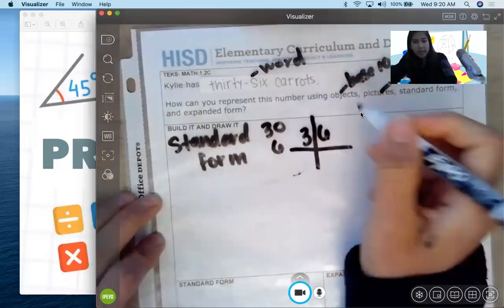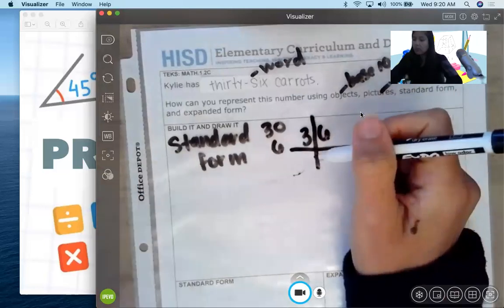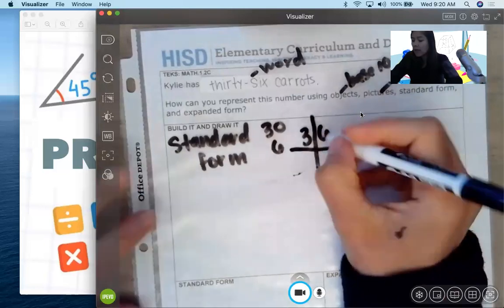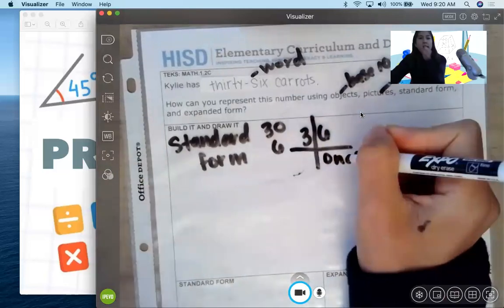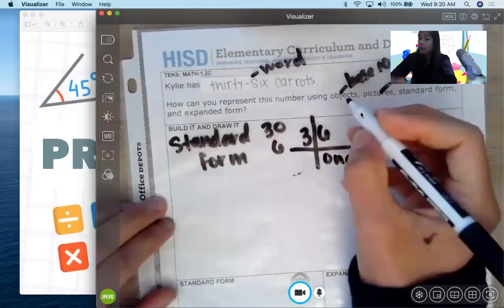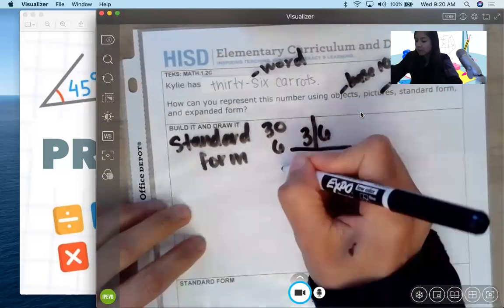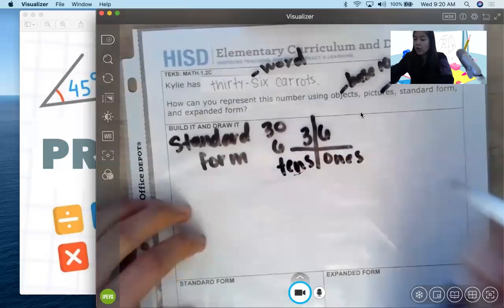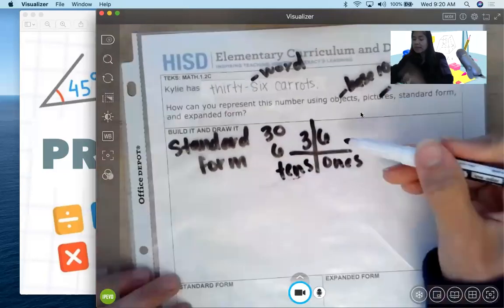So in this case, the 6 represents ones, and the 3 represents, if you know the answer, blow it into your hand, shake it up, release. I didn't hear some of you. So the 3 represents what place value? Tens. Good.